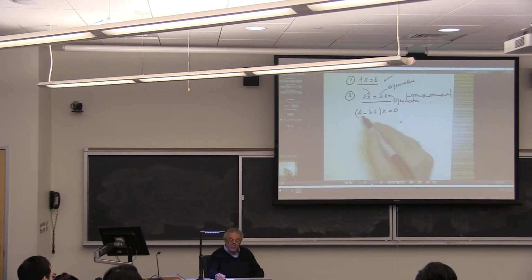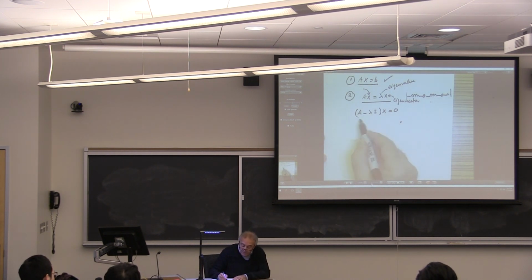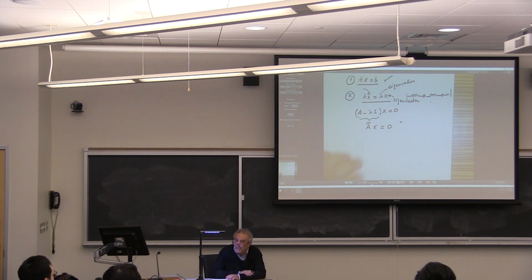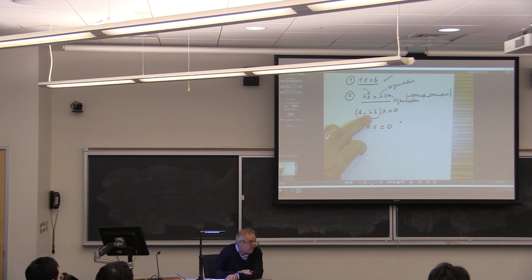Now, when you write the equation like this, it looks very similar to something that we discussed also. Let's call this A tilde times x equal to 0. What is this equation? This is an algebraic equation, right? But it has a parameter lambda inside of it. It doesn't have constant terms, right? So there is a parameter lambda associated with this equation.